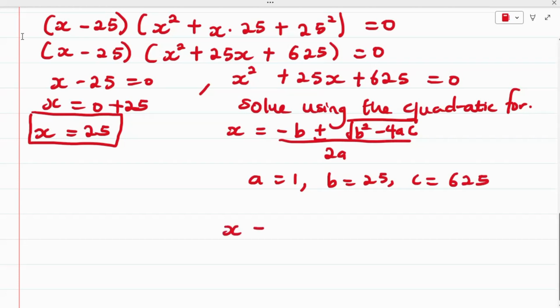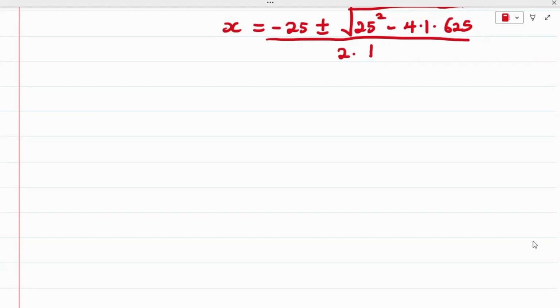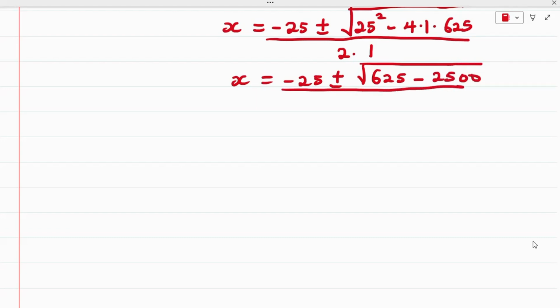So we have that x is equal to minus 25 plus or minus the square root of b square, which is 25 square, minus 4 multiply a, which is 1, multiply c, which is 625, divided by 2 multiply a, which is 1. So from here we have that x is equal to minus 25 plus or minus the square root of 25 square, which is 625, minus 4 multiply 1 multiply 625, which will give us 2500, divided by 2 multiply 1, which is 2.